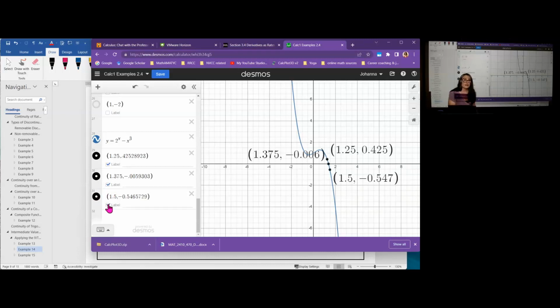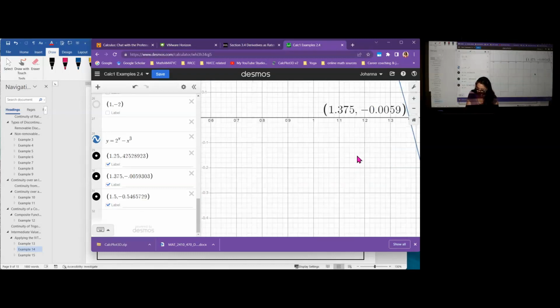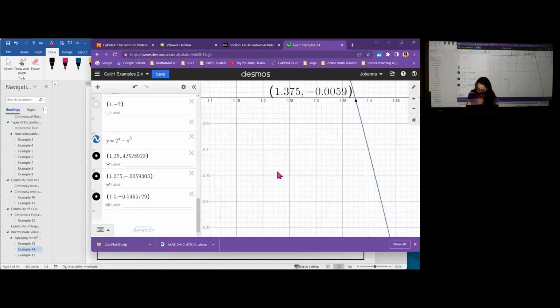It's very hard on a Desmos graph to tell whether or not this particular point is on the axis. You'd have to zoom way in to see that it's actually below. If you want to do that, you can scroll your mouse wheel and just go in, and then we'll have to move it sideways. And then you can see that, in fact, it's not touching the x-axis.